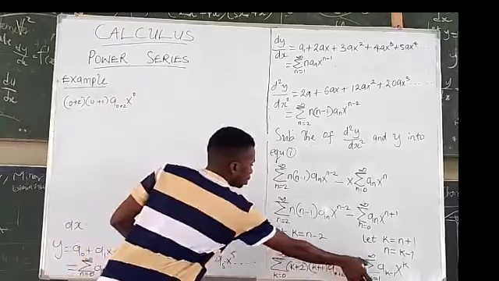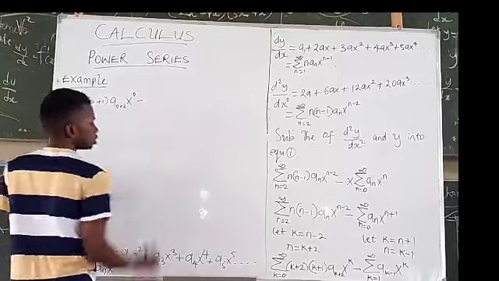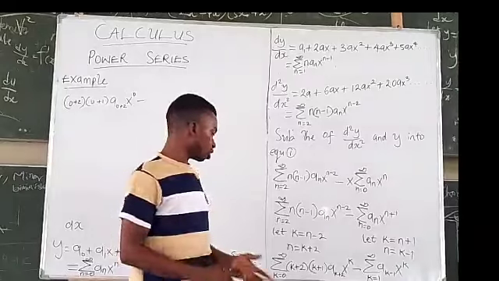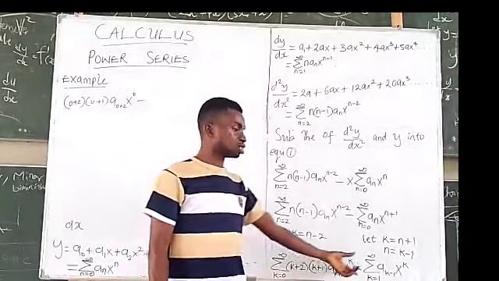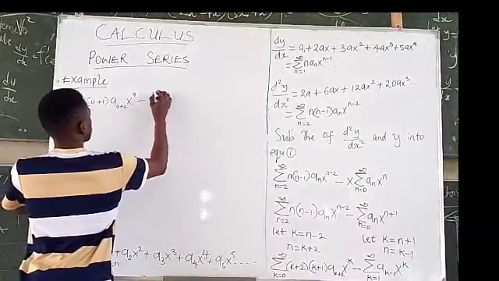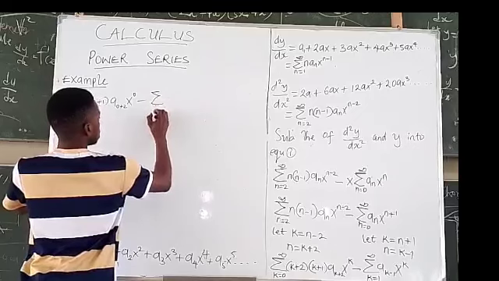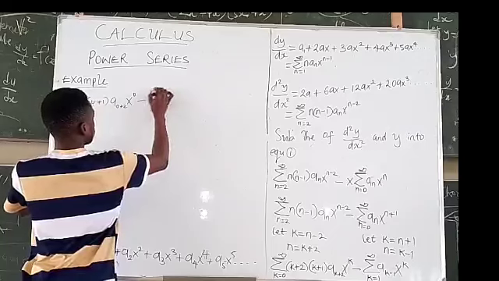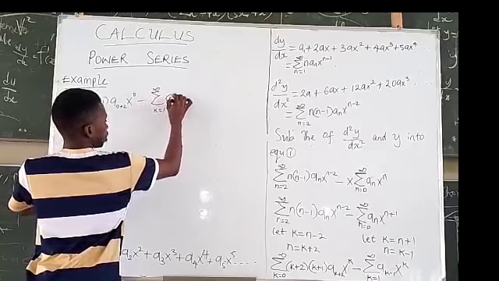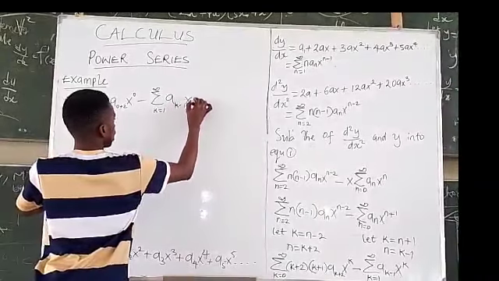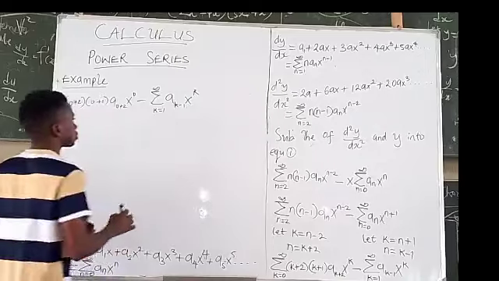Then this one will remain the same since it is starting from 1. So this will remain the same: summation k approaches 1 to infinity a k minus 1, then x power k.